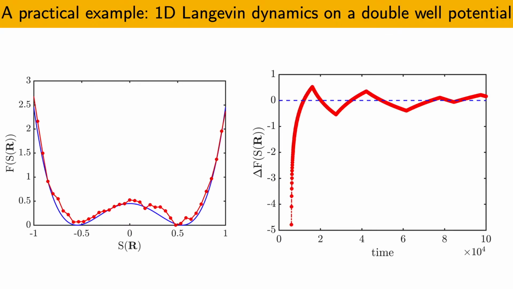So in order to recap the expressions that we used to analyze the trajectory and reach this point, I'd like to recall the few relationships that we introduced in the previous video and that were applied here. The first important relationship relates the probability density P of s and the free energy surface F of s.